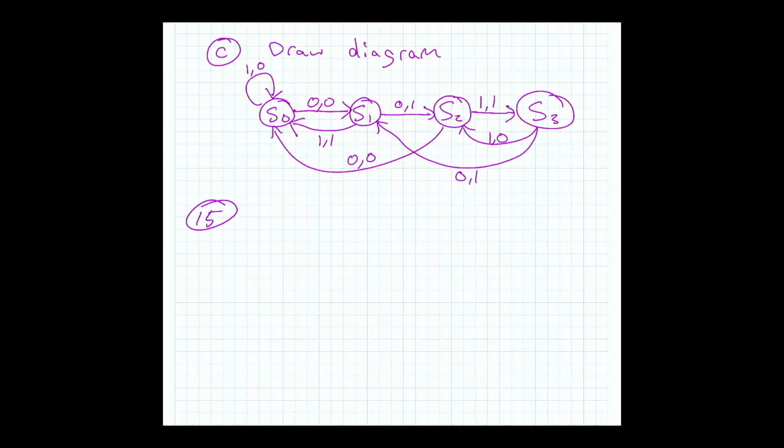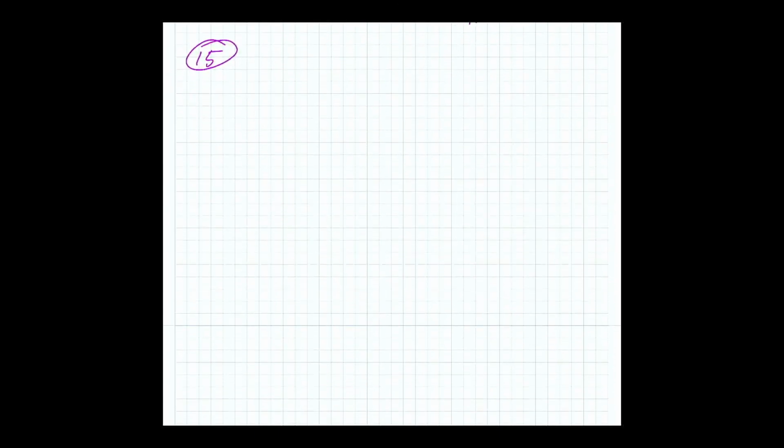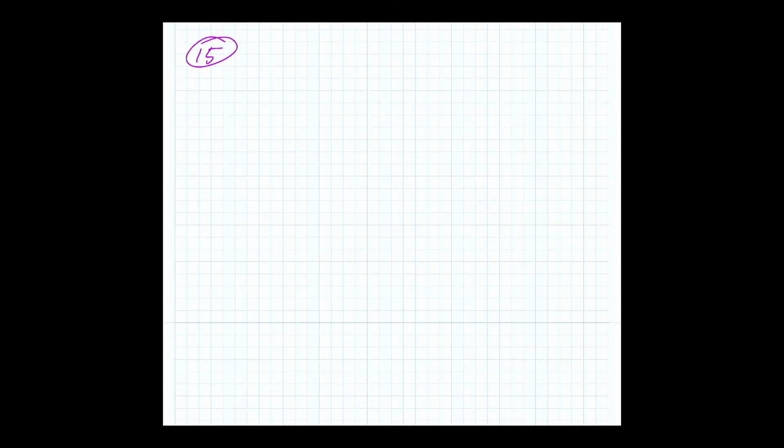All right, 15. So 15 is basically the same problem, but they give you the diagram instead of the table. So we got S0, S1, S2, S3.